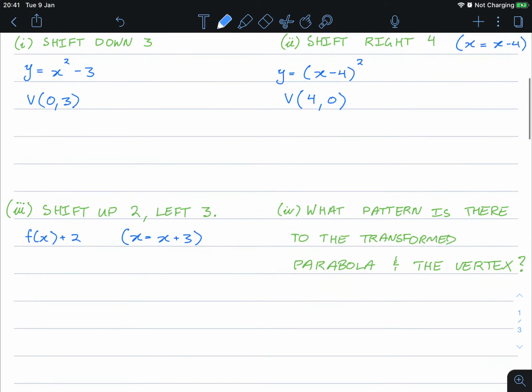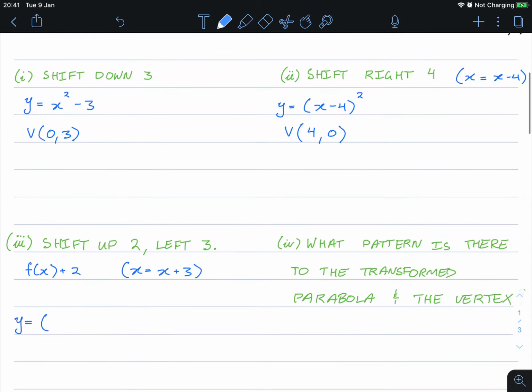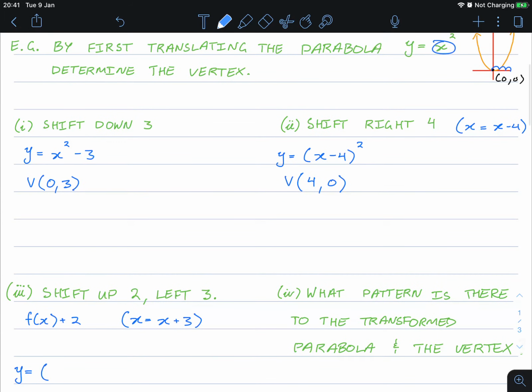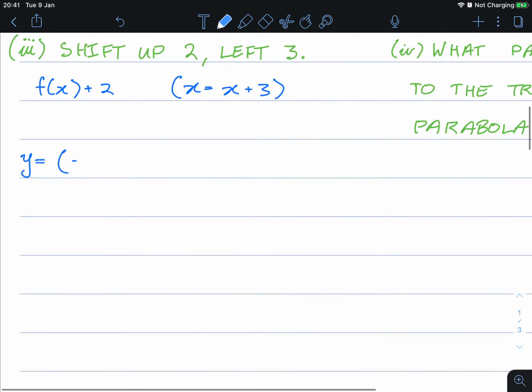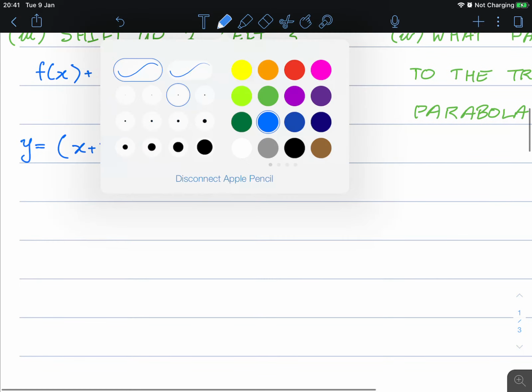So applying this to our function, we get y equals, replacing x with x plus 3, squared. Then moving the entire thing up 2 spaces.